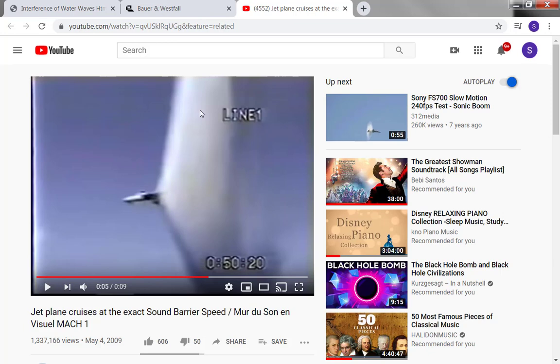And because the temperature lowers, the water is able to go from being a gas to being a liquid, it condenses, and therefore you get a cloud forming in that region. Other videos of this nature, if you just Google or type into YouTube, plane exceeding the speed of sound, have sound associated with them so you can hear it. This one does not.